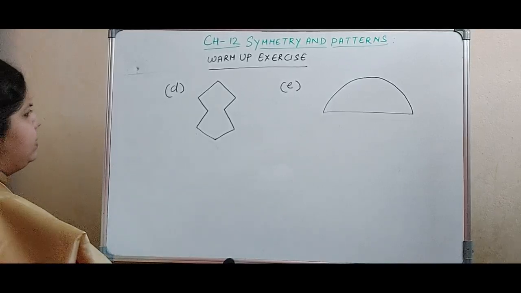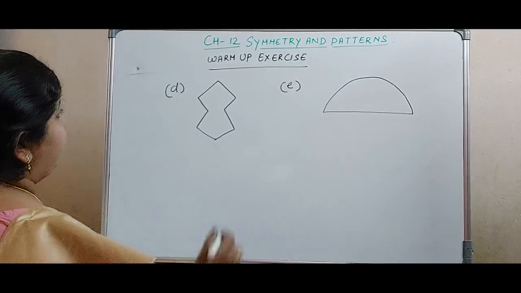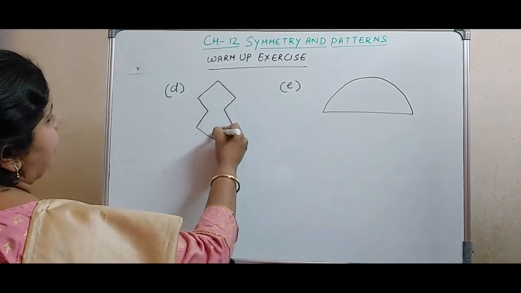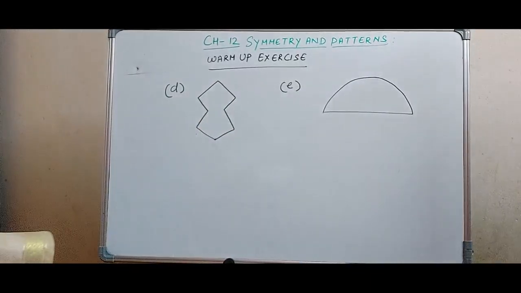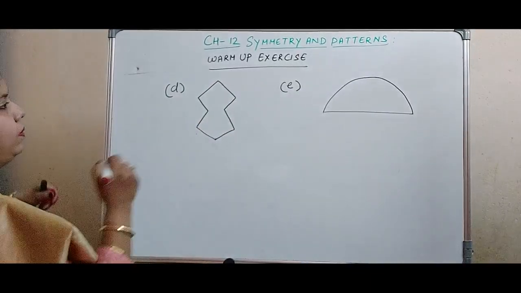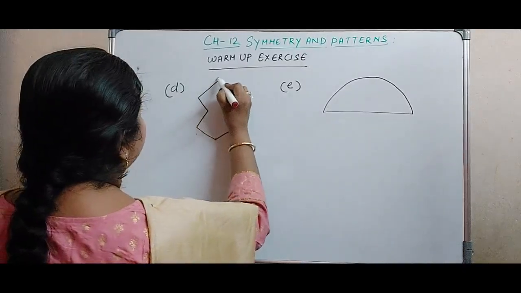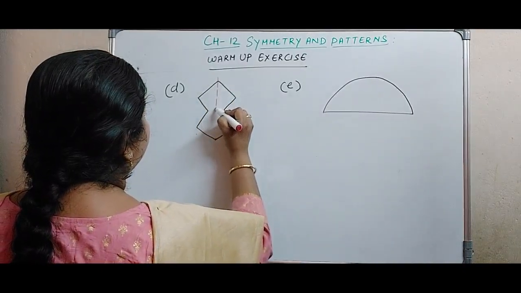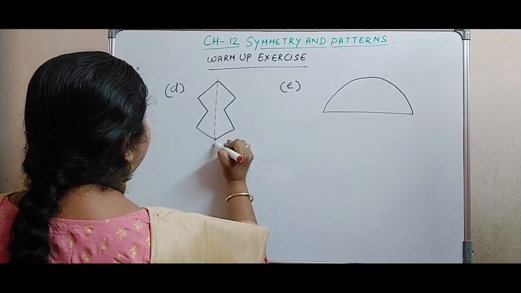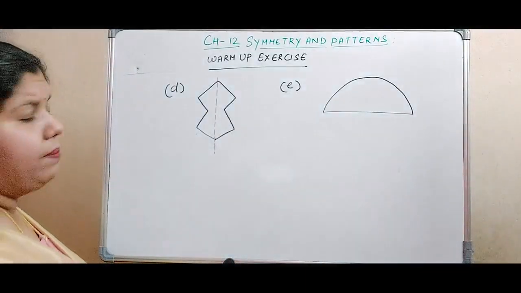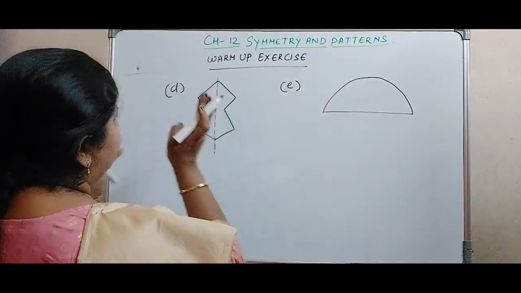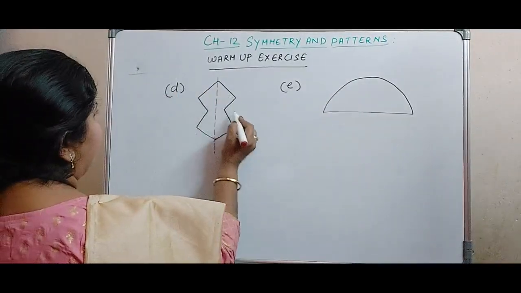As you can see in this figure, if you draw the line of symmetry in this way and try folding the figure in this way, you see that this thing should match with this.